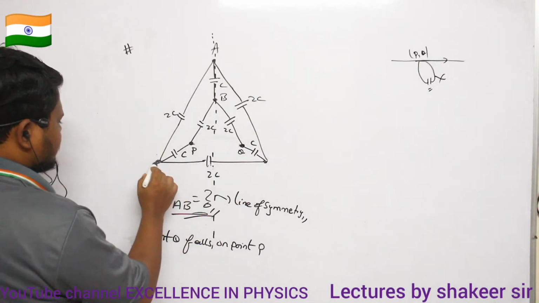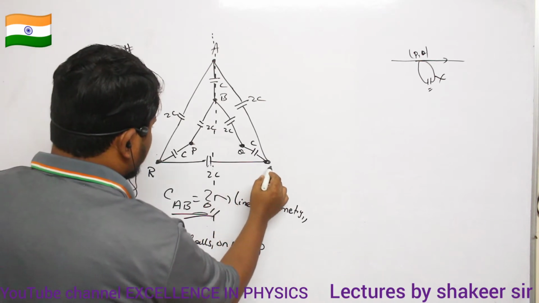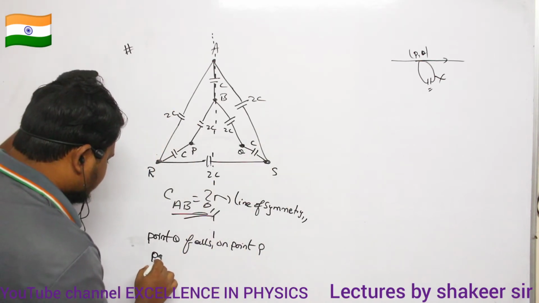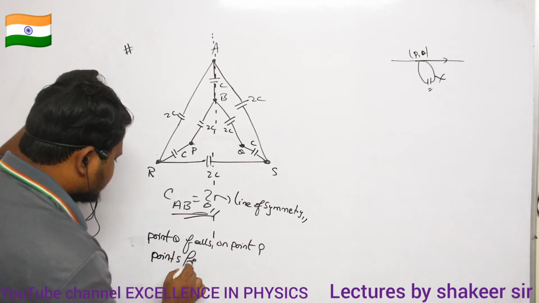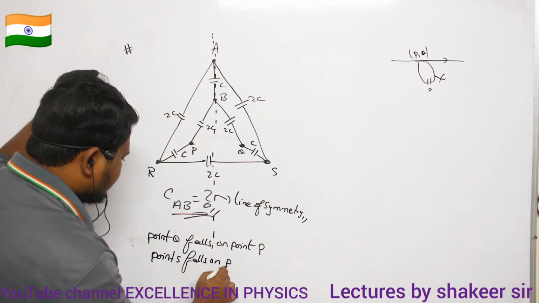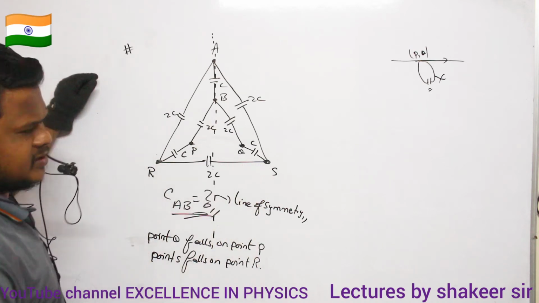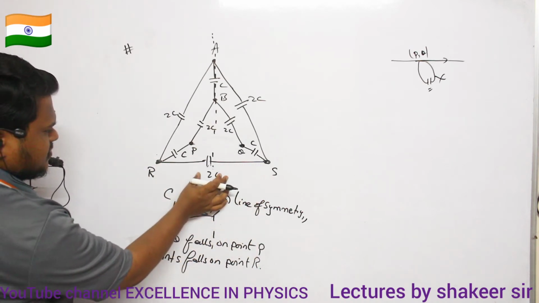Similarly, let me name this point R and this point S. If I fold this circuit, point S falls on point R. Now what is the use of this 2C capacitor?